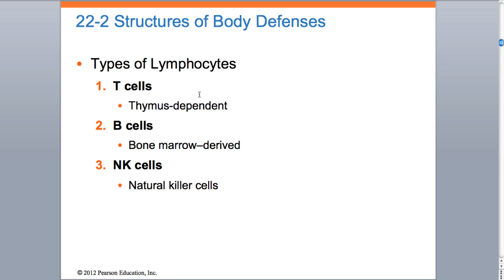Now the unique thing about the T cells is that their job is to deal with a little bit of extracellular, but more of an intracellular role. Now, let me give you an example of that. So a little bit of extra but more of an internal role. And the internal role is for viruses and cancers. So T cells will deal with the internal, with viruses and cancers.